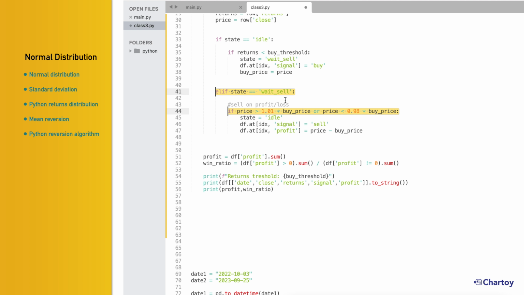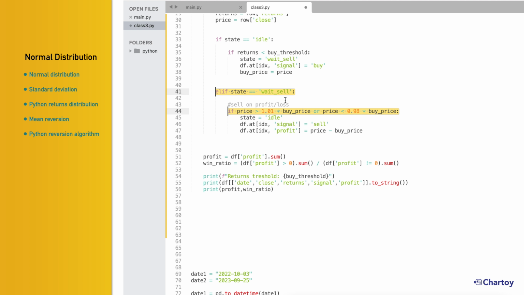So whenever the price of the stock is higher by 1% from the price that we paid to buy the stock, or it's smaller than 0.98 of the price we paid, which means the stock fell 2%, in either case, we want to sell, right? We have a loss protection here of 2%, and if we make 1%, we also take the profit.